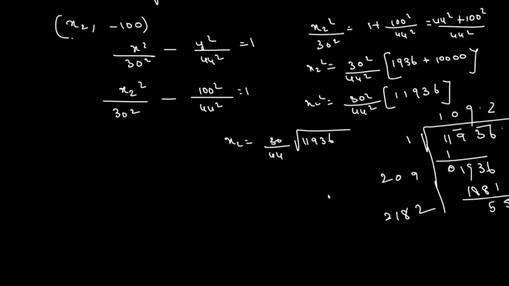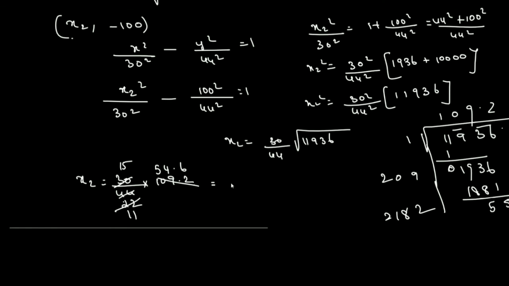So you get x2 is equal to 30 by 44 into 109.2. When you cancel this, you get 15 into 54.6. You multiply, you will get approximately 74.45.